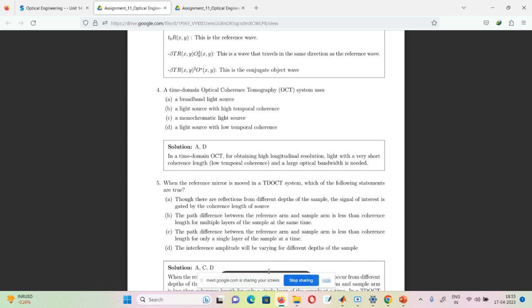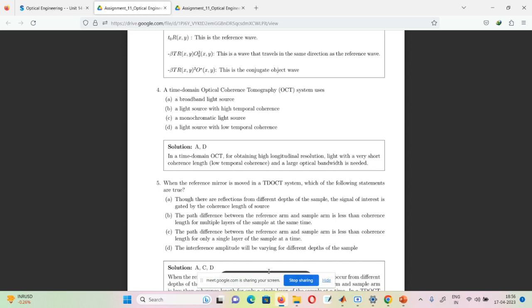A monochromatic light source, what will happen in that case? It will give only that particular intensity. In optical coherence tomography you want different regions, so whenever a particular wavelength satisfies your particular phase condition, you will get a nice interference pattern.